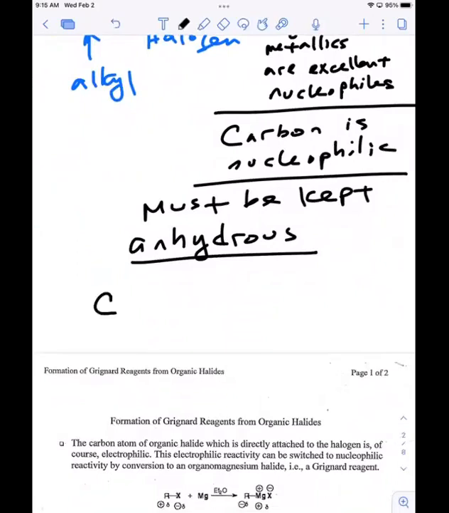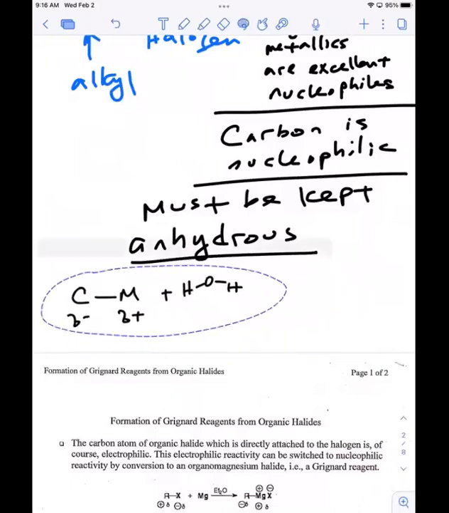So let me show you exactly what happens. If I have an organometallic and this is partially negative and this is partially positive, and I react that in the presence of any proton source, but we're just going to use water, what ends up happening is the carbon gets protonated.